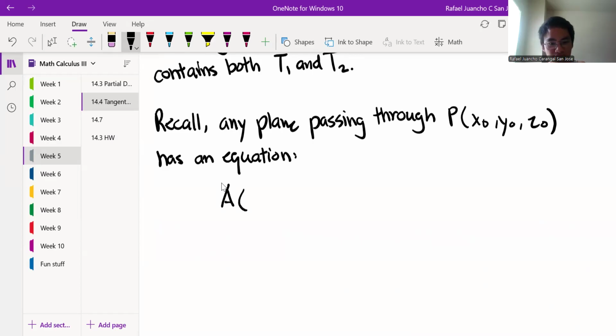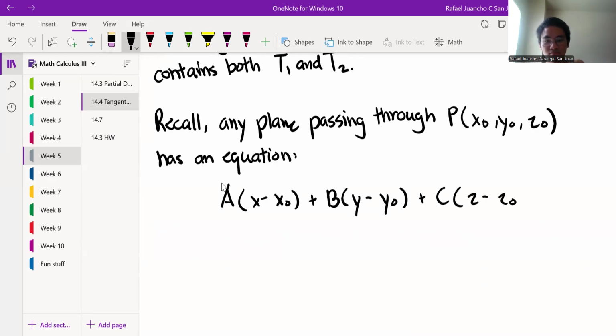I'll do capital because the textbook says capital. There might be some meaning to it, but I just want to assume that's a normal vector. That could be any numbers anyway. And that's equal to 0.